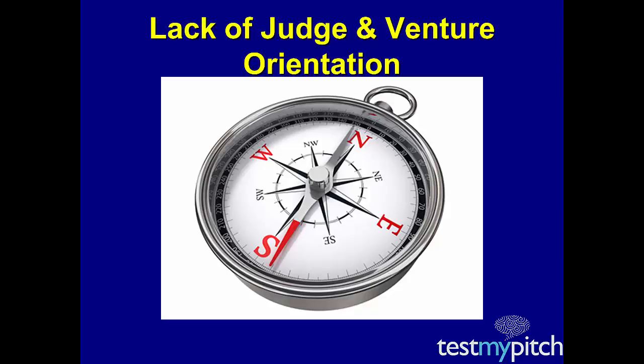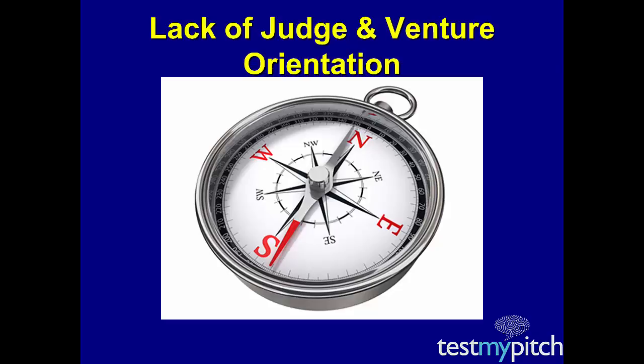The idea of orienting both the judges and the ventures, and in some cases, we see little or no orientation. Number one, the ventures, the entrepreneurs coming in, should know far in advance how they can succeed. We want to set them up for success. And so that means knowing the criteria and the context of the criteria, knowing how they're going to be judged and the expectations.